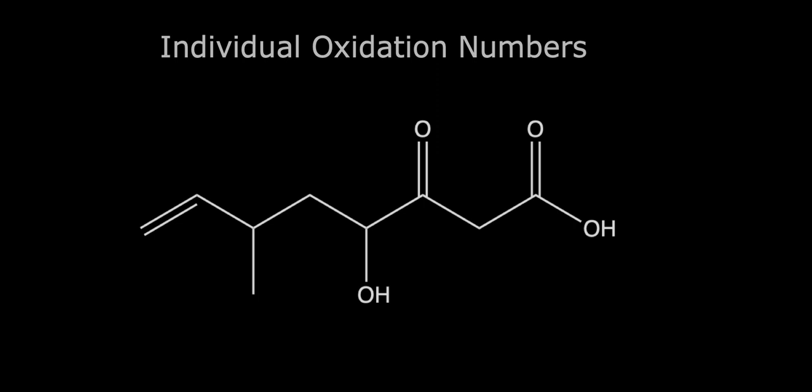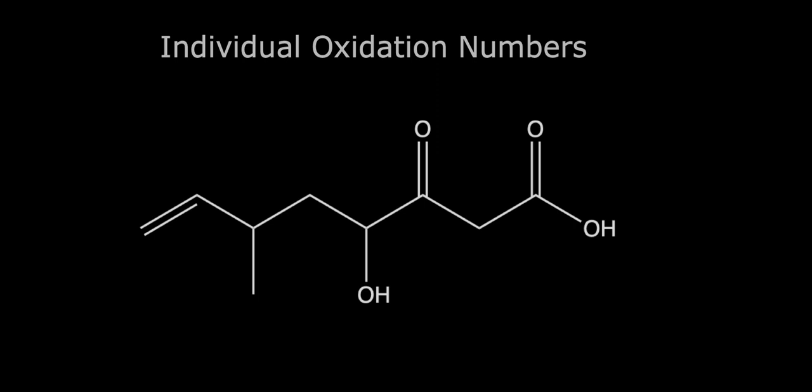So let's look at a molecule here. We've got a molecule with 9 carbons, and if you look at the carbons, you'll notice that they're all different. Some have multiple bonds to oxygen, some have none, some have carbon-carbon bonds, some have just single bonds. And also, don't forget that with a line-angle structure like this, there are many implicit hydrogens that aren't shown. So the number of hydrogens on each of those carbons is going to be different too.